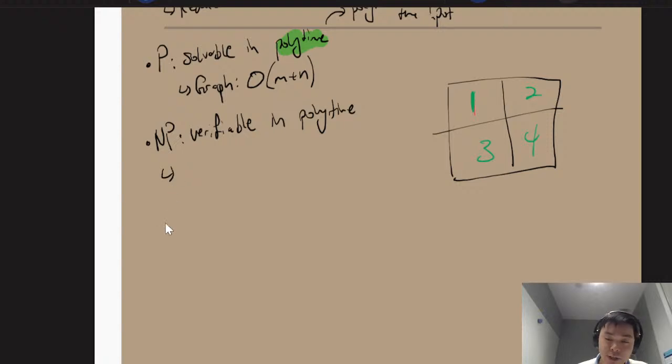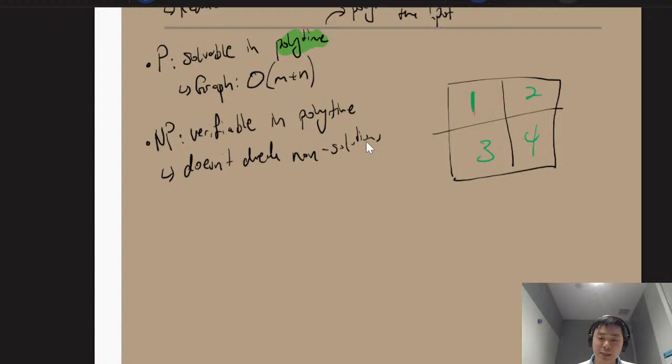So note that this is only true for solutions. It doesn't check non-solutions. So if you don't have any solutions to a problem, then the NP-ness doesn't really tell me anything. It's only that if I give you a solution and this is actually a correct solution, then it is easy to check that this is a solution.